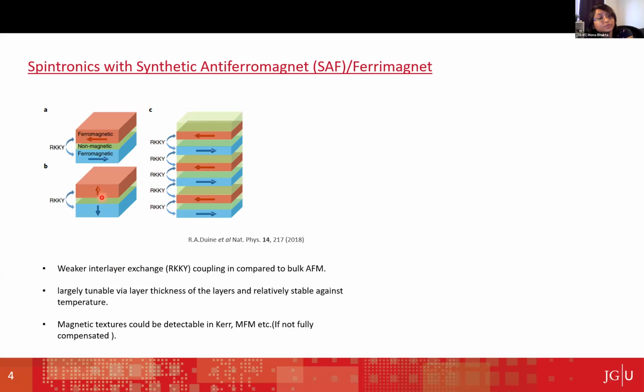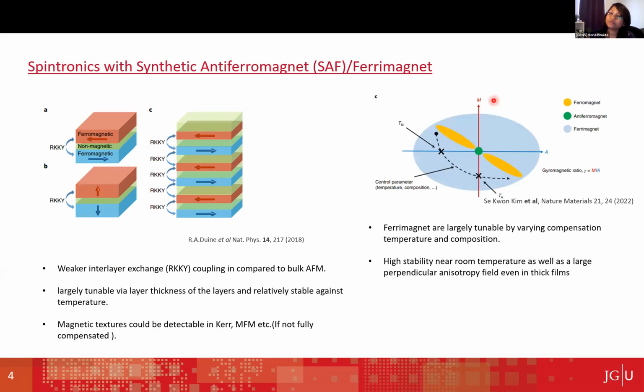If we purposefully make the two layers uncompensated, then we could easily visualize it in a Kerr microscope or magnetic force microscopy. On the other hand, ferrimagnetic spintronics has been a recent topic of attention due to its high tunability with temperature. Higher stability near room temperature as well as larger perpendicular anisotropy, even in thick films, make ferrimagnetic materials a possible candidate for spintronics.